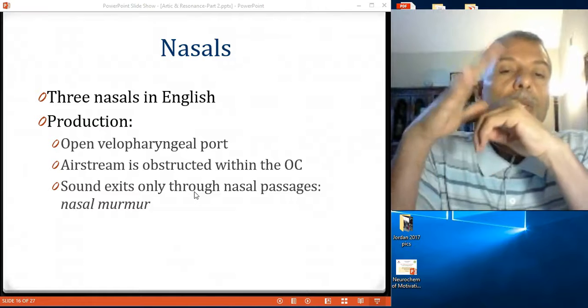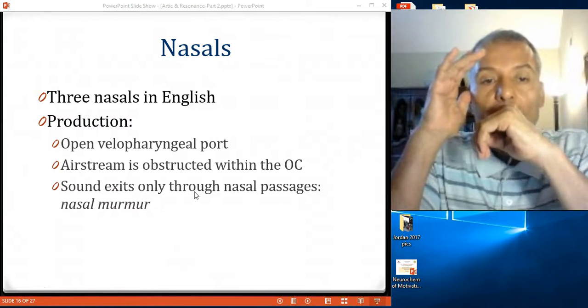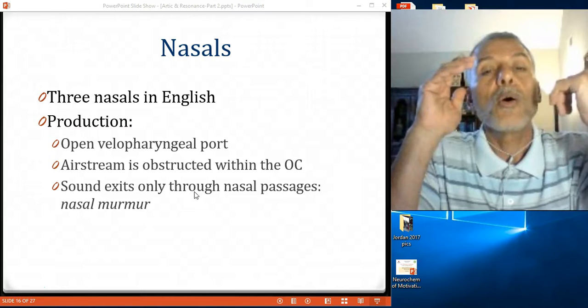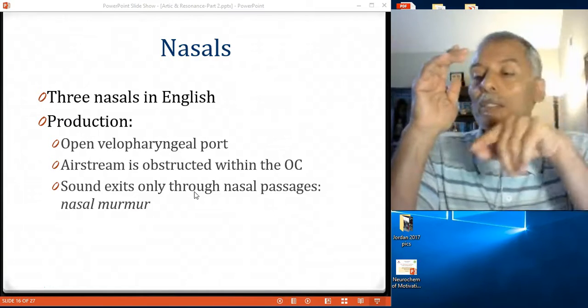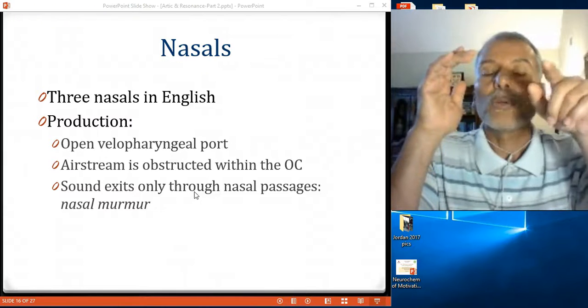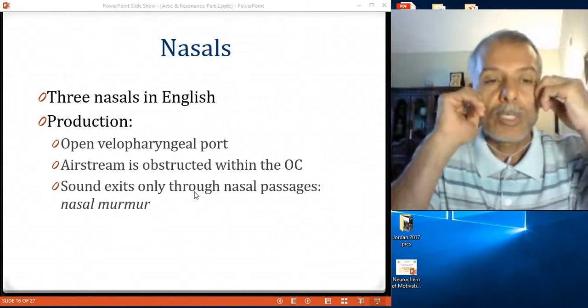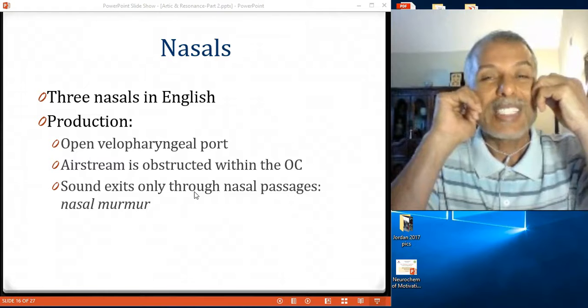So the velopharyngeal port is open, and the airstream is obstructed within the OC, which is the oral cavity, and then the air just gets rerouted, goes through the nasal cavity, and exits out of the nose. So that results in what is known as a nasal murmur or anti-resonance.